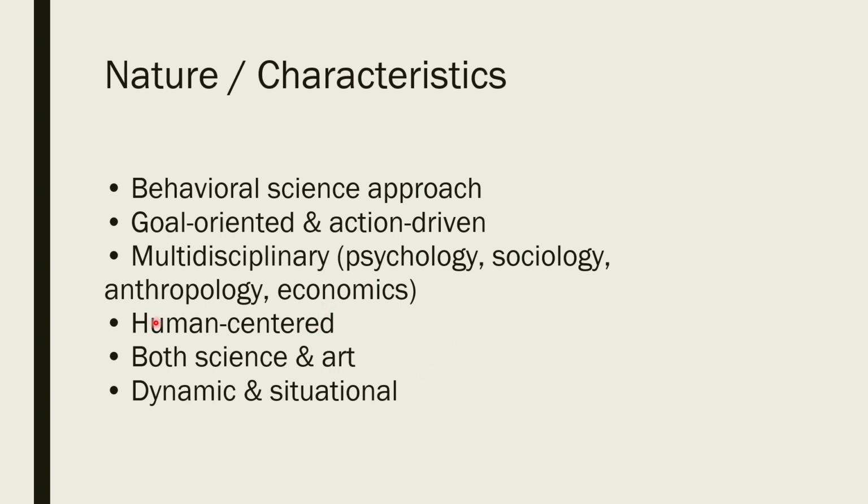The individual changes their behavior on the basis of different situations because behavior changes with the culture, the time and the situations. Also it is said that it is both science and art. Why? Because we are calling it science as it comes from the scientific approach and different disciplines of science, and art because every individual has their different way of behaving in a particular manner.